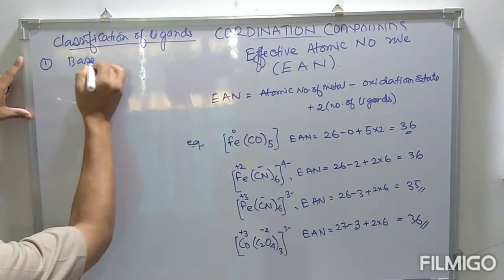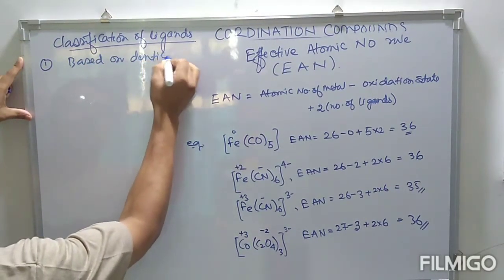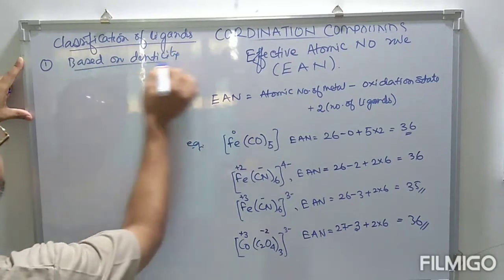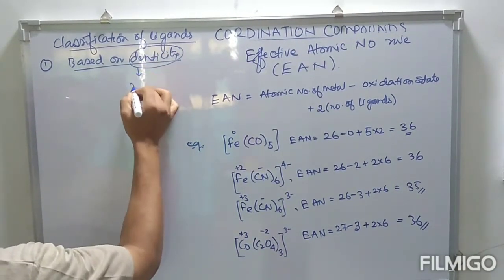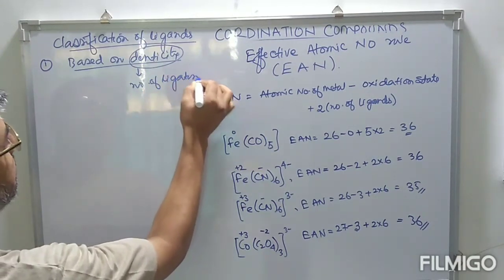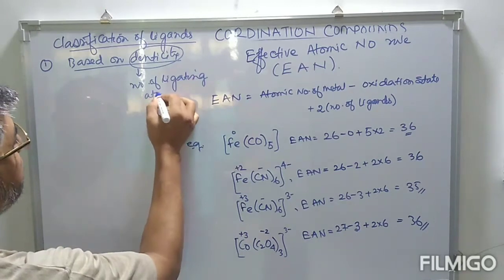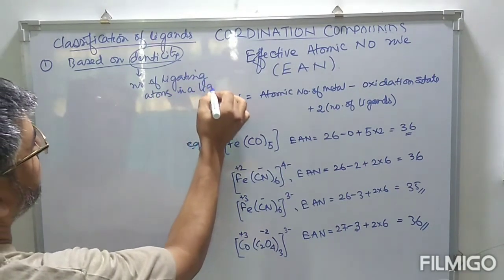First, based on denticity. Denticity means the number of ligating atoms in a ligand.